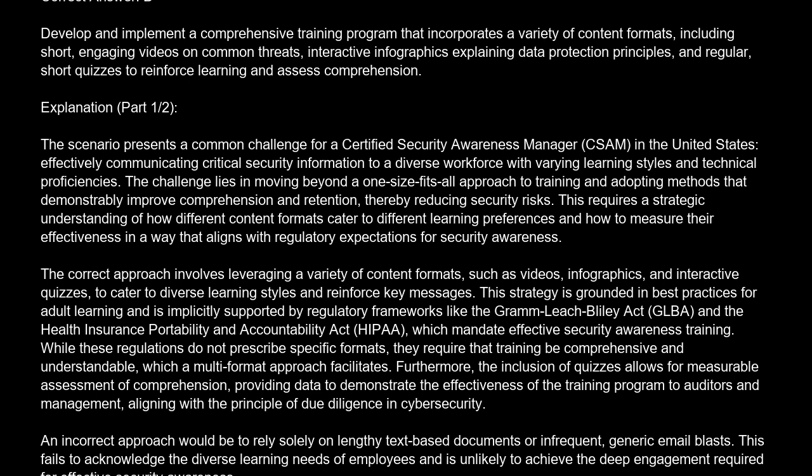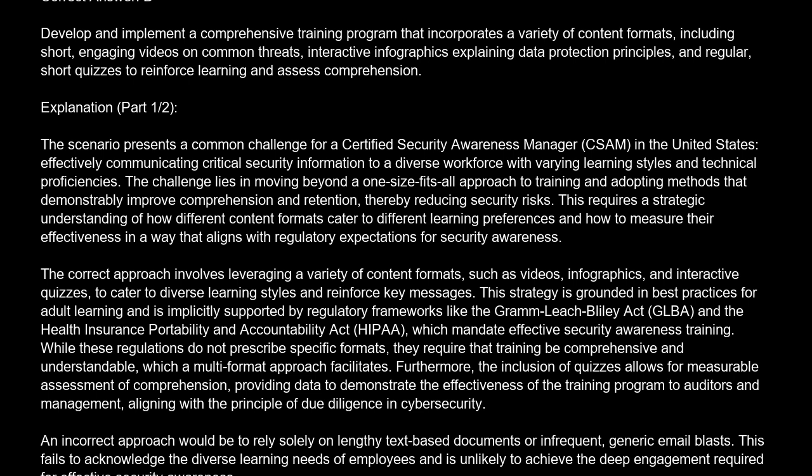The correct approach involves leveraging a variety of content formats, such as videos, infographics, and interactive quizzes, to cater to diverse learning styles and reinforce key messages. This strategy is grounded in best practices for adult learning and is implicitly supported by regulatory frameworks like the Gramm-Leach-Bliley Act, GLBA, and the Health Insurance Portability and Accountability Act, HIPAA, which mandate effective security awareness training.